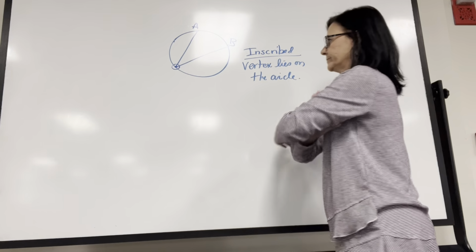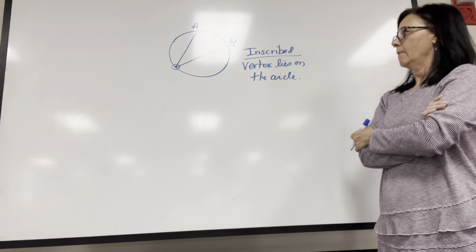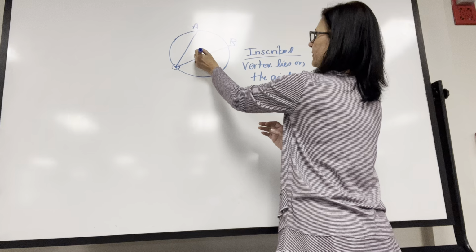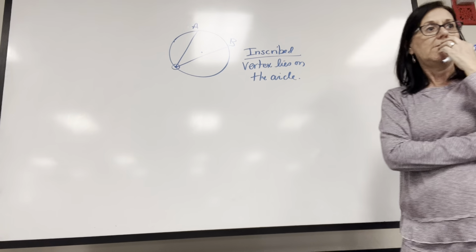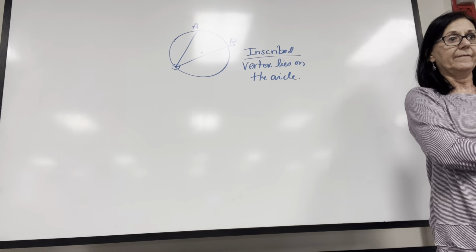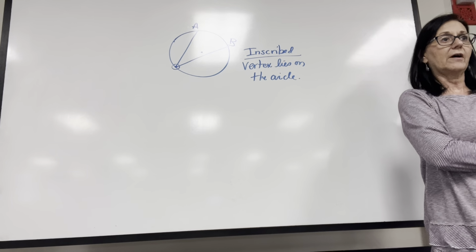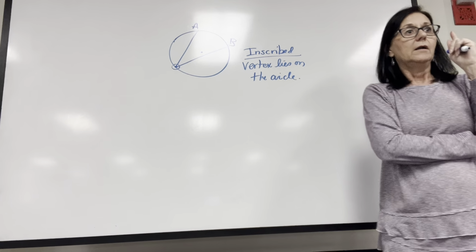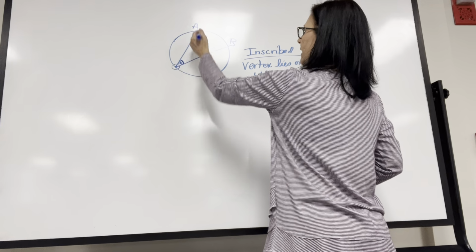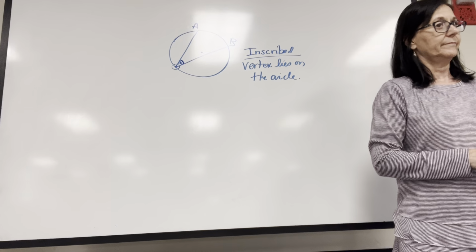We'll call that O. And the center could be anywhere in here. That could be the center of the circle. So neither of the lines necessarily has to go through the center of the circle. But this angle, theta, intercepts arc AB.